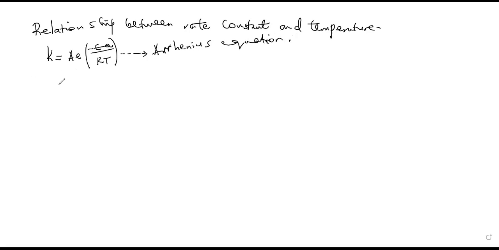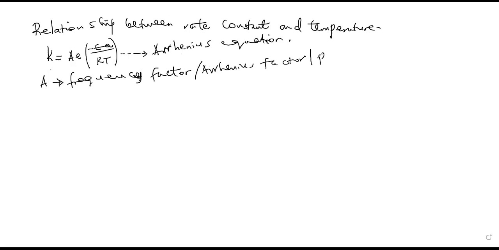But we've seen that K is the rate constant. A stands for the frequency factor. Some books call it the Arrhenius factor, while some books call it the pre-exponential factor.